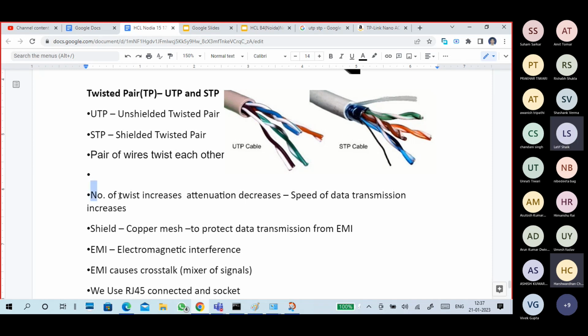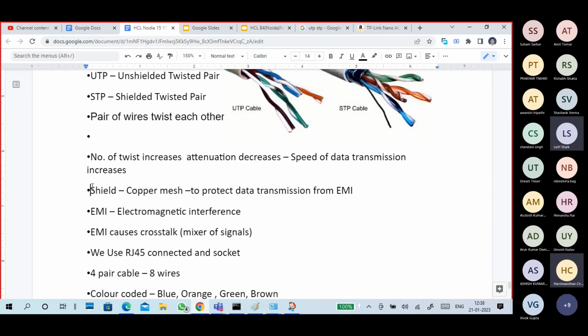Why do we need to twist these wires, guys? To reduce attenuation. Attenuation is a kind of stopping; it decays your signal transmission speed and corrupts your signal shape also. As the number of twists increases, attenuation decreases, and when attenuation decreases, the speed of data transmission increases.